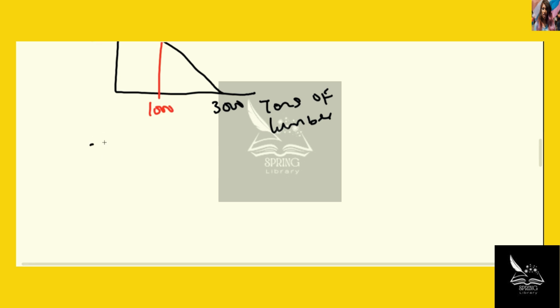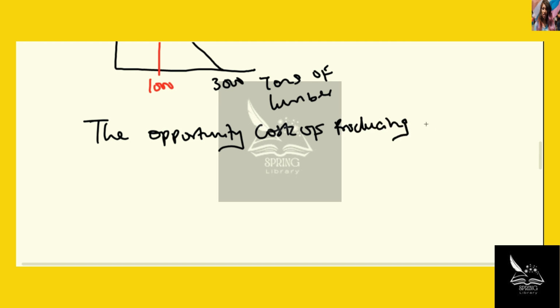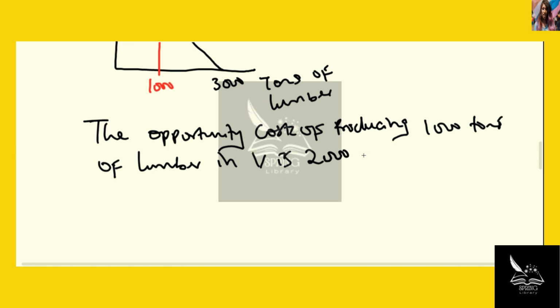So we can say it in summary. The opportunity cost of producing 1,000 tons of lumber in V is 2,000 barrels of oil.